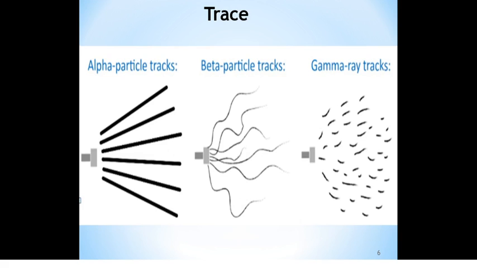Now this cloud chamber has many uses. It is used to study the behavior of individual atoms. Also, it is used to study the process of ionization. So it will be good to remember these two uses of the cloud chamber, that is to study the behavior of individual atoms and also to study the specific ionization.